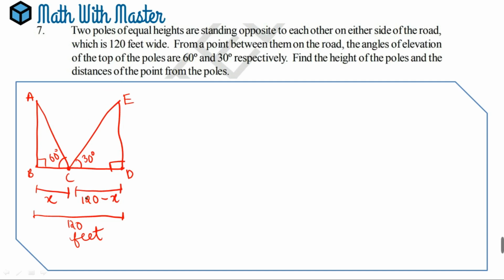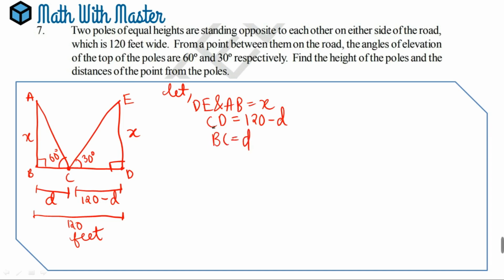Oh no, now we will let these be X, this and this, because these both are the same, and we will let this be D. So we will let DE and AB equal X, and CD equals 120 minus D. Automatically it will be 120 minus D if BC is equal to D.